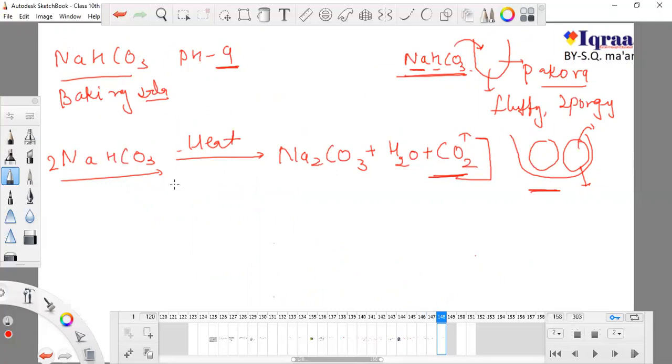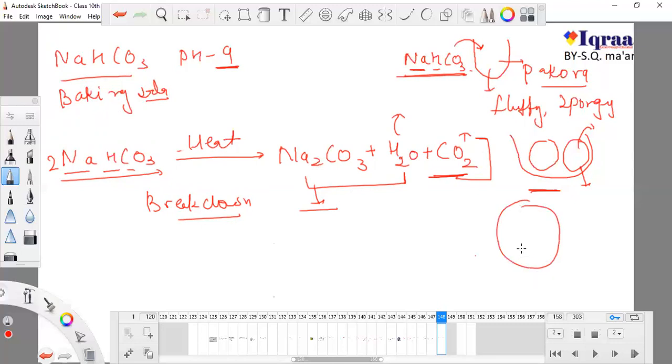While I'm cooking my dish, I use heat, and by the heat this sodium hydrogen carbonate will break down and form these two things. Na2CO3 is another salt, we will study about this also. Water will evaporate, and CO2 will be trapped in these pakoras. Water will be removed in the form of vapor, and CO2 will get trapped in these food items.